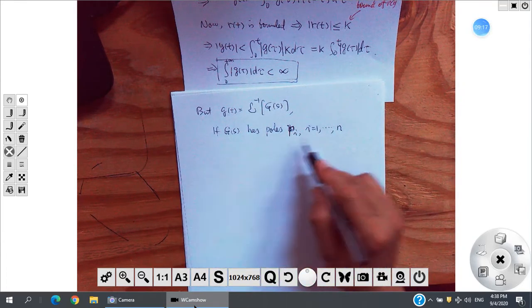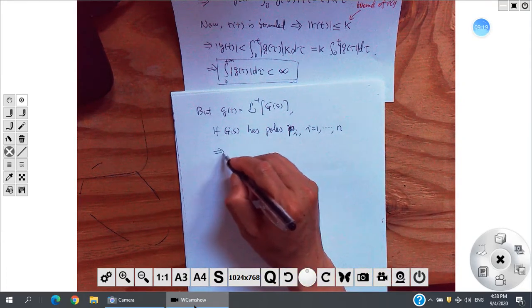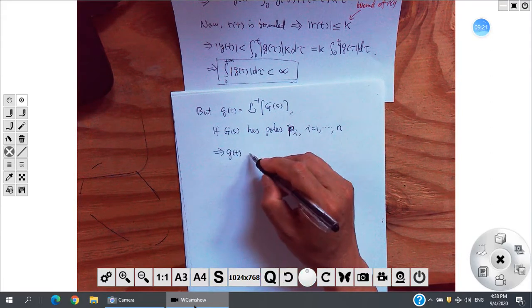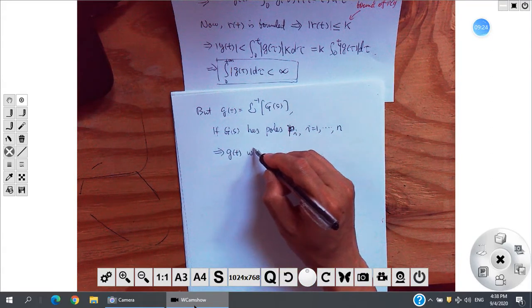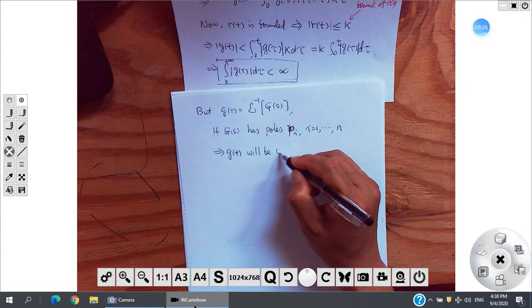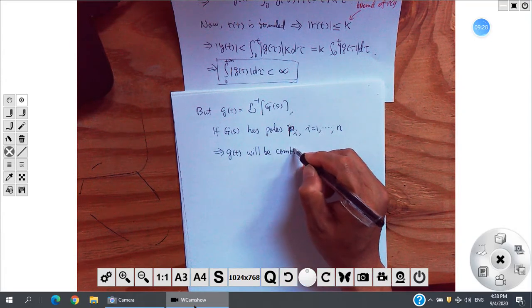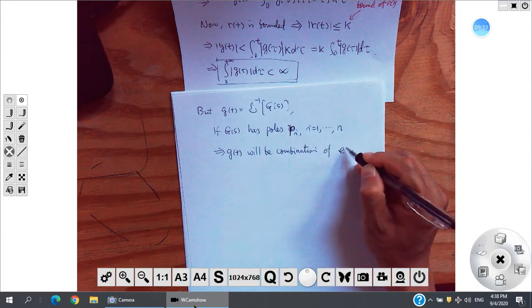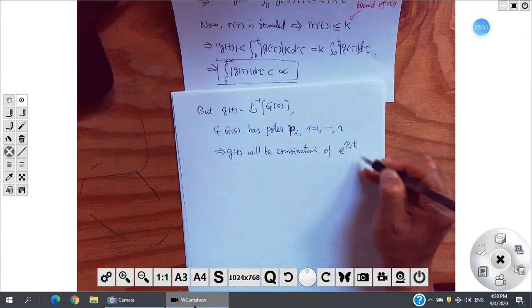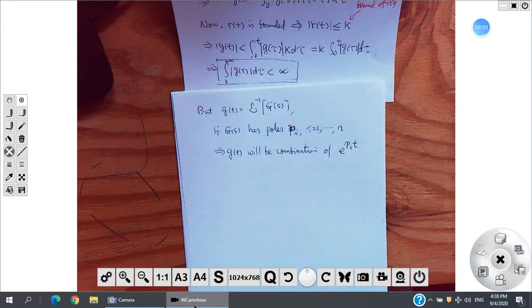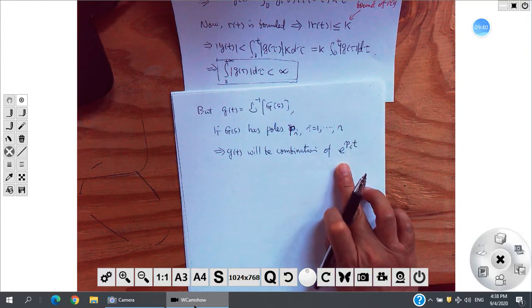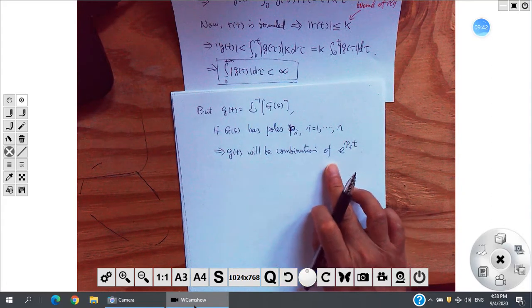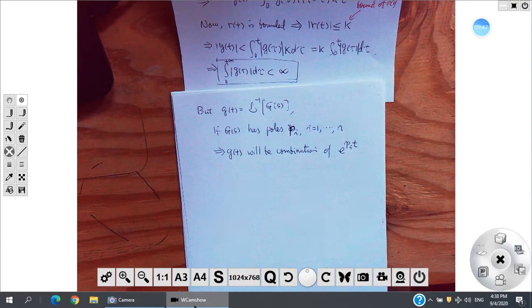If g has these poles, then we know g of t will be a combination of e to the p_i t. It will be a summation of terms that look like this, with different coefficients. Actually, you just perform the inverse Laplace transform of g.